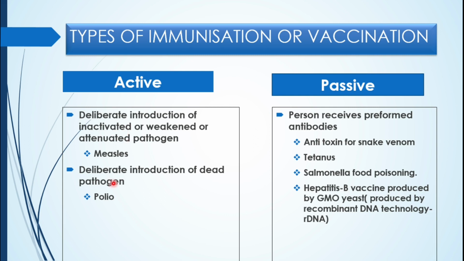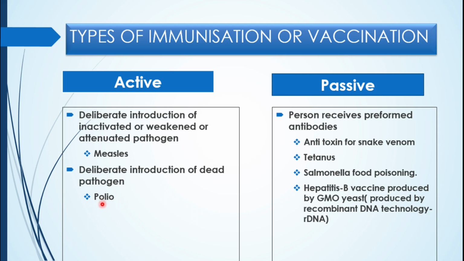Another type of vaccination is the deliberate introduction of dead pathogens. As in the case of polio, the pathogens which are introduced into a child's body are dead pathogens. But though they are dead, the antigenic determinants or the molecular structure of the polio virus is recognized by the immune system, and it triggers the production of a large amount of antibodies which are stored.